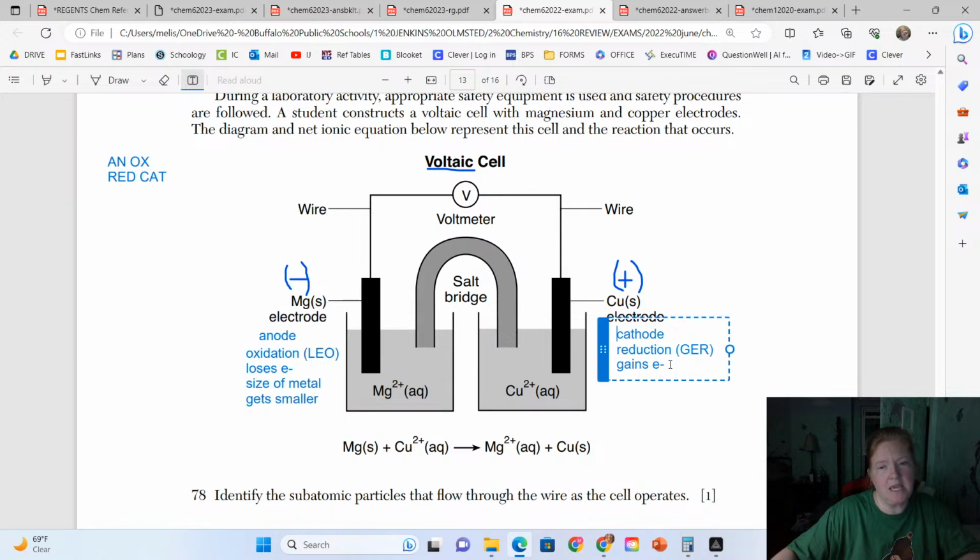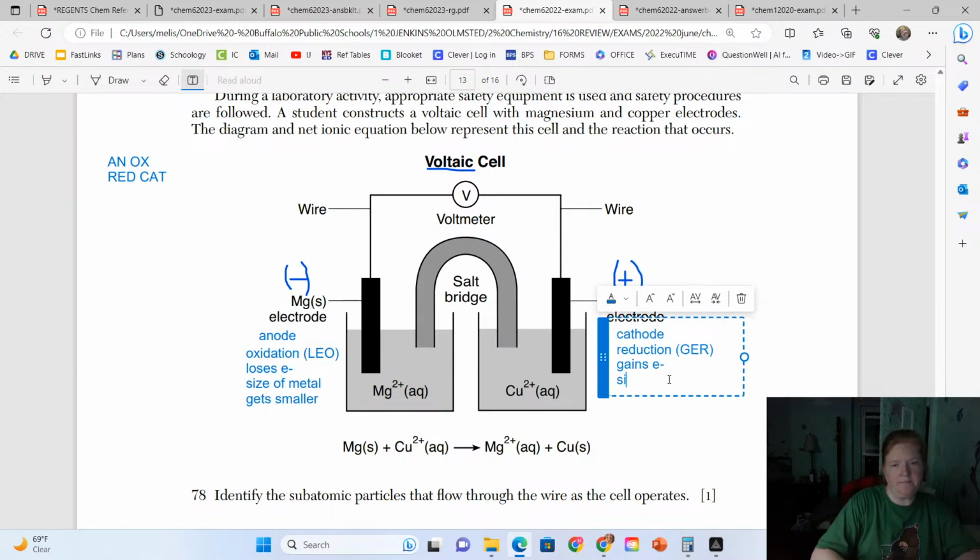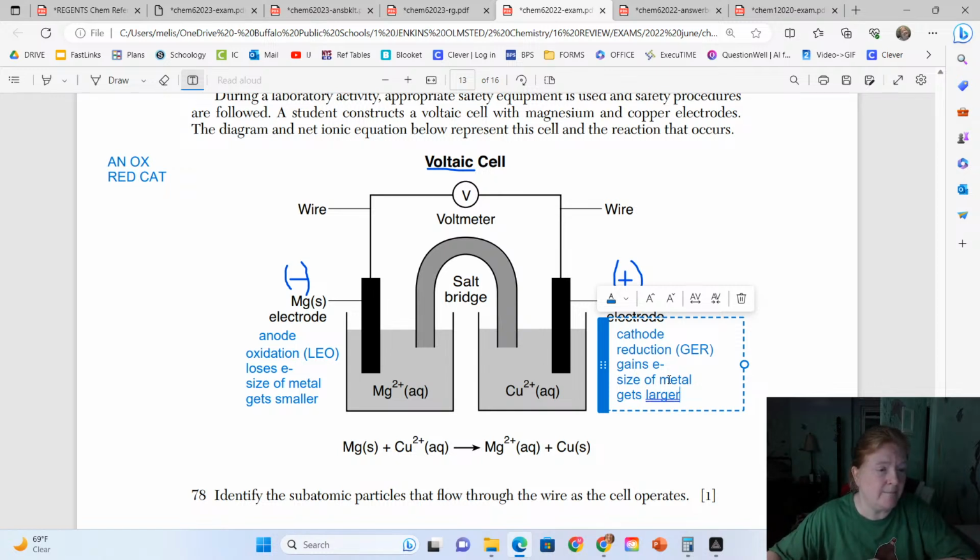And the side that gains electrons, the size of the metal gets larger. Those are just some facts. I think 78 is purple. Okay, that's for sure not.